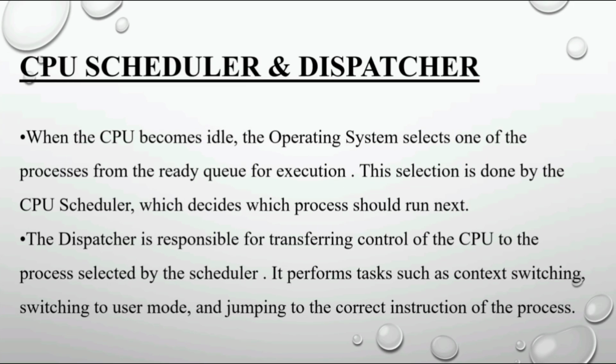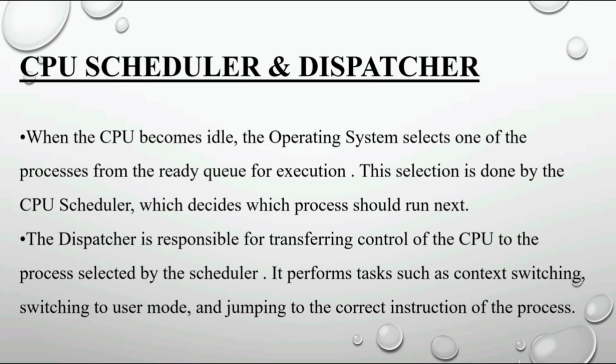CPU scheduler and dispatcher. CPU scheduler: when the CPU becomes idle, the operating system selects one process from the ready queue for execution. This selection is done by the CPU scheduler, which decides which process should run next.